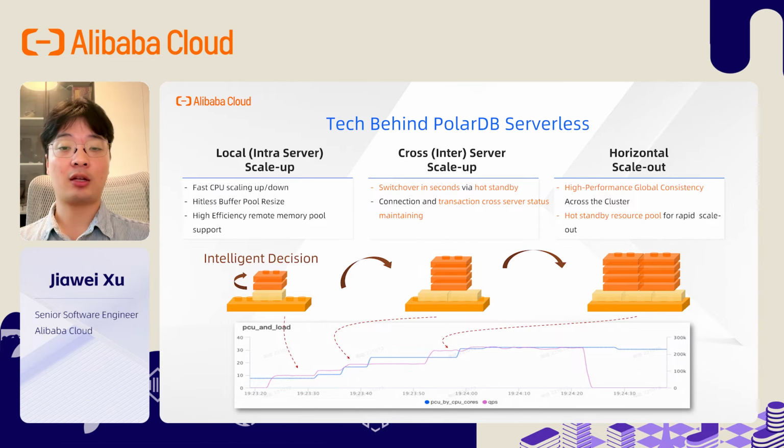Horizontal scale-out adds more nodes, leveraging cluster-wide high-performance global consistency, and a hot standby resource pool for rapid expansion. All these are orchestrated by an intelligent decision system, which monitors workload and automatically adjusts compute units in real time. As you can see from the example graph at the bottom, PCU load adapts to QPS fluctuations.